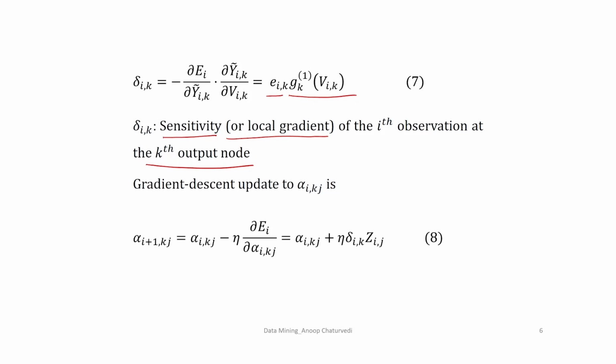So, if you are moving from the ith observation towards the kth output node, then this is the sensitivity or local gradient of the ith observation.